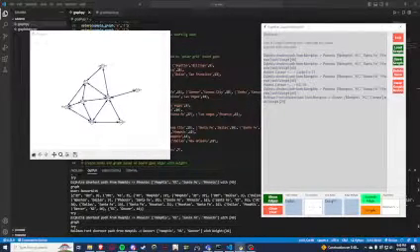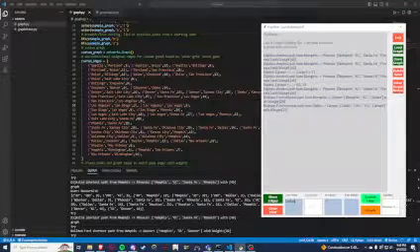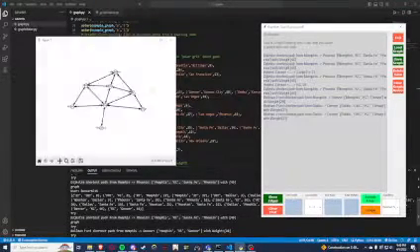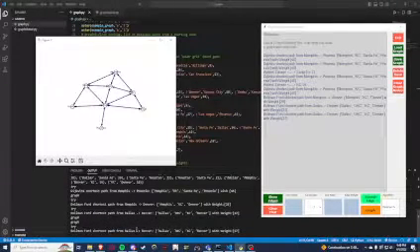Dallas to Denver, and we'll use Bellman-Ford again. Oops, forgot to X out of that. All right, now we can see the graph here. The shortest path from Dallas to Denver is going to go Dallas, Oklahoma City, Kansas City, and then Denver.